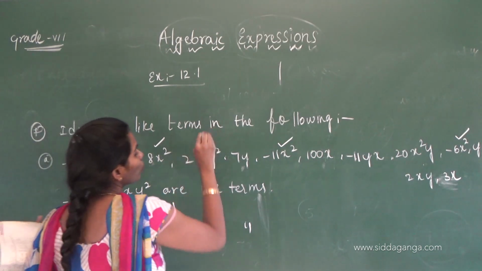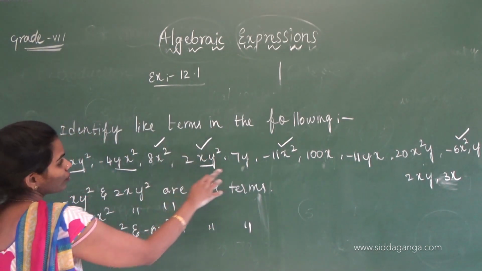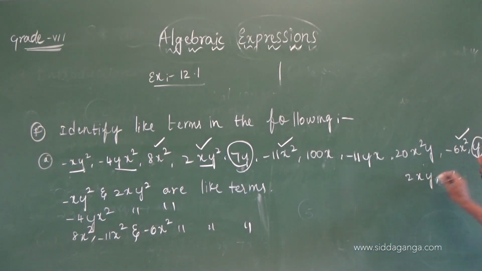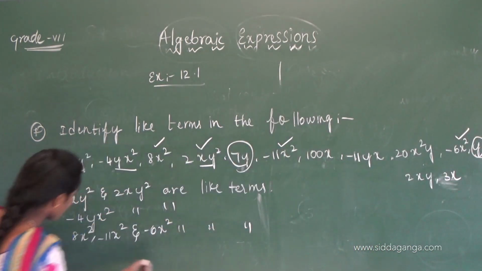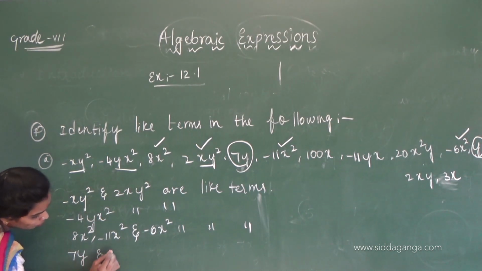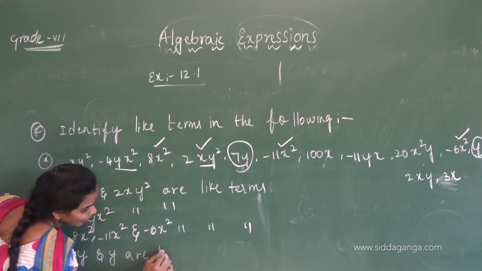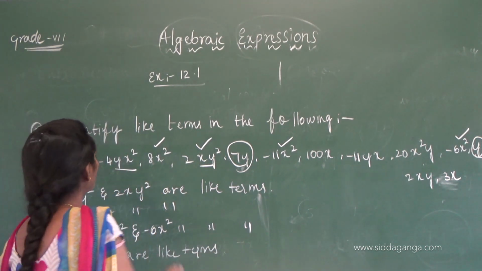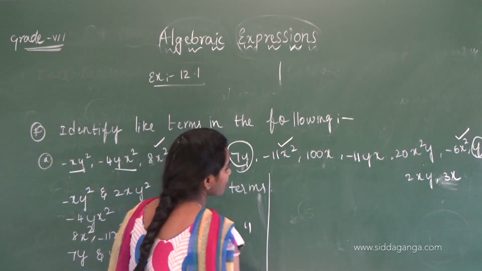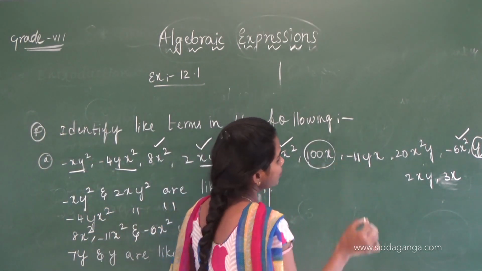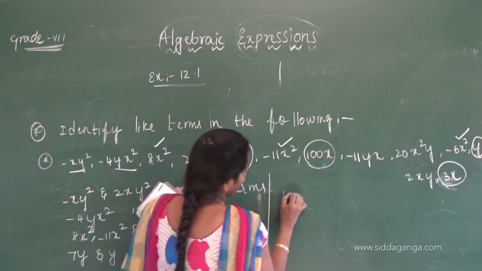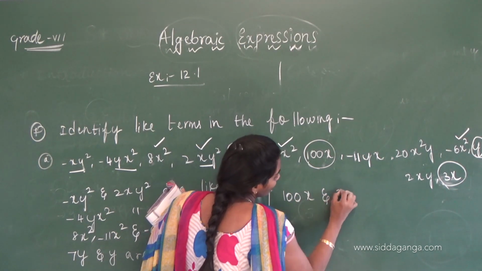And then 2x, already it is finished. 7y and y are one type of like terms. Okay, it is all finished, just don't confuse. 100 and 3x, 100x and 3x.